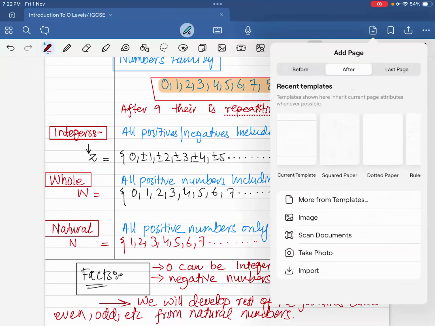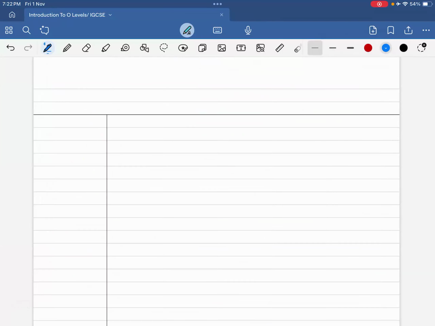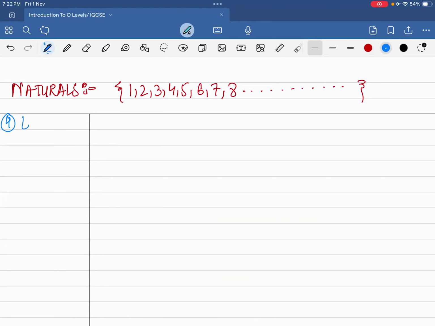So let's do one more thing. As I said, we have to look towards natural numbers. Written natural numbers are 1, 2, 3, 4, 5, 6, 7, 8, and so on. Any problem, anyone? Now the family number 4 is the even family.